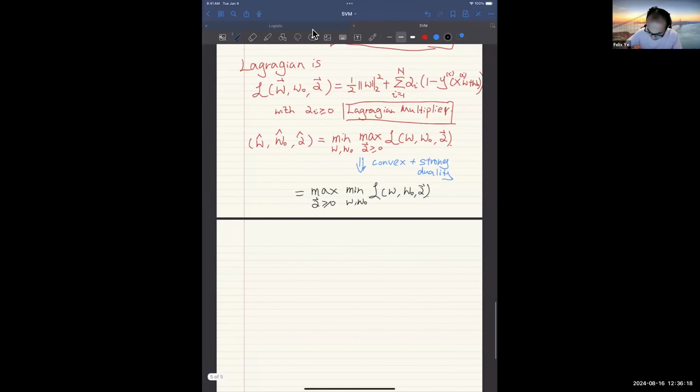So basically we can solve for the optimal W and W0 as a function of alpha, provided alpha is bigger than 0 for each component.